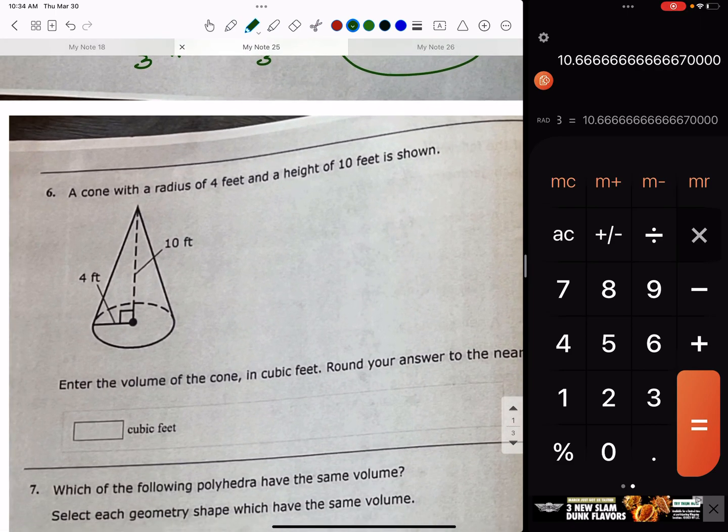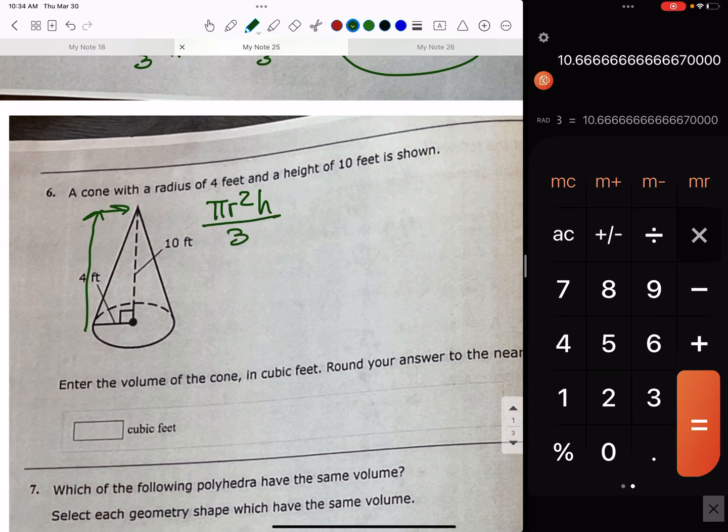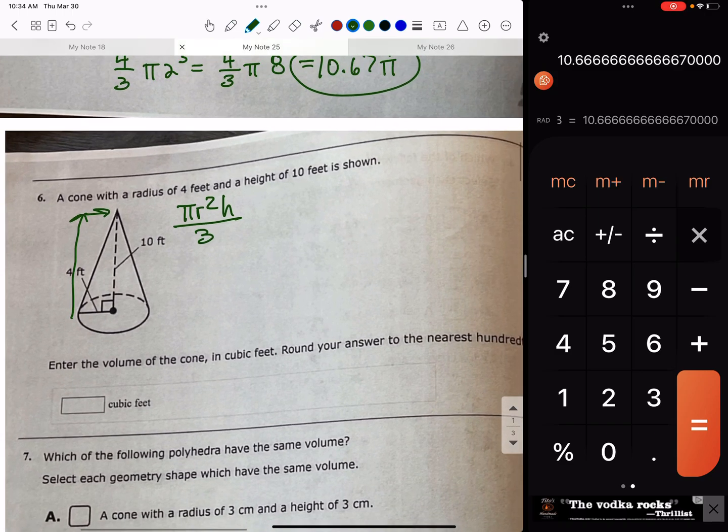Okay, let's see. A cone. A cone, we start with a circle, pi r squared, and we give it some height, and then we crush the bottom, so we divide by 3. All right, let's see. To the nearest hundredth. Okay, 3.14 is pi, times the radius is 4 to the second power, times the height is 10, and then we divide it by 3.